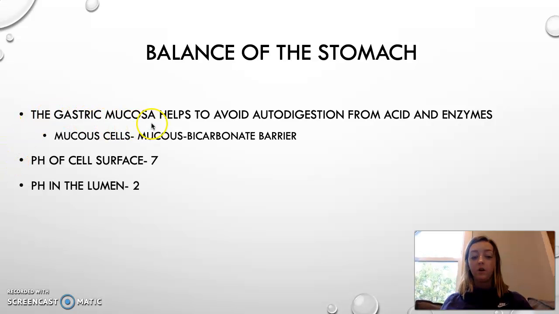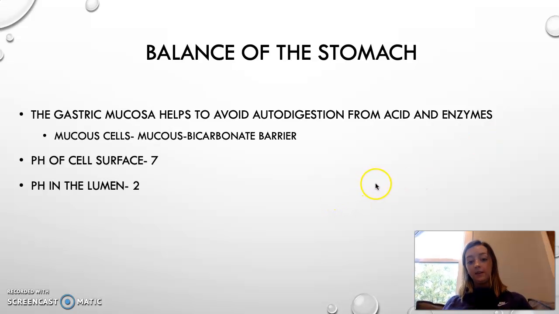The gastric mucosa has mucus cells that avoid this autodigestion from acid and enzymes. So the mucus cells produce mucus and bicarbonate to create a mucus bicarbonate layer or barrier to protect from the acid and enzymes digesting all of our important cells that we need for digestion.